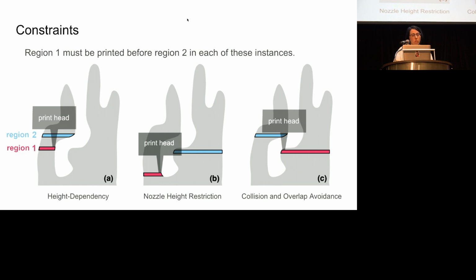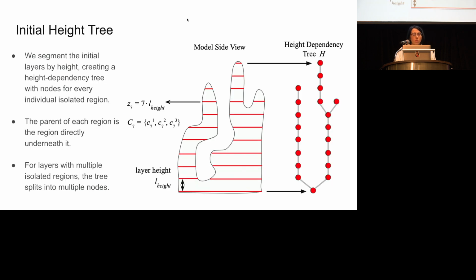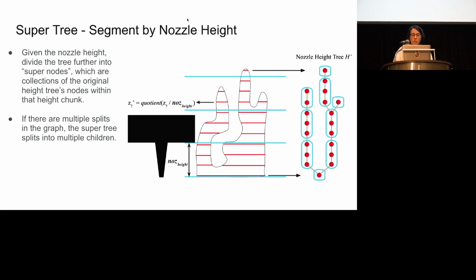model on another branch. To satisfy our first constraint, we construct a height dependency tree in which each isolated region becomes a node. A node's parent is the isolated region immediately underneath it. To satisfy our second constraint, we subdivide our height dependency tree into supernodes, or collections of height-dependent nodes within each nozzle height section, and this allows us to prioritize printing vertical collections of isolated regions, reducing travel movements back and forth between branches.